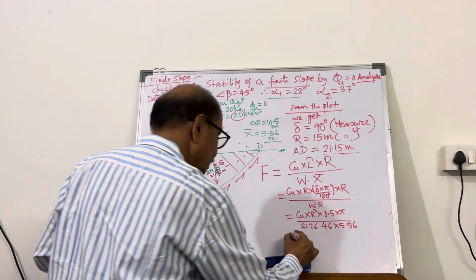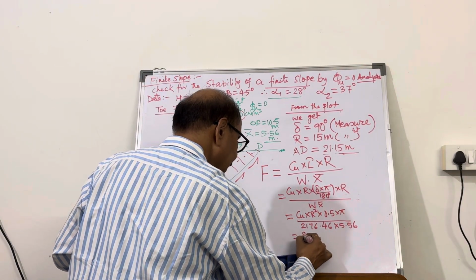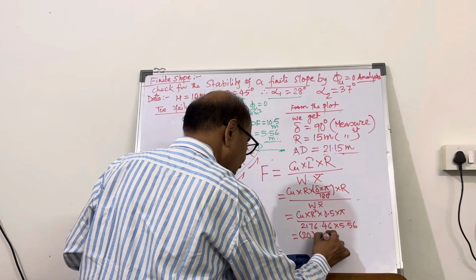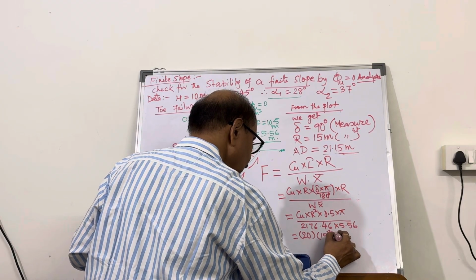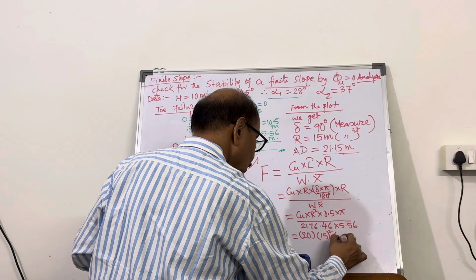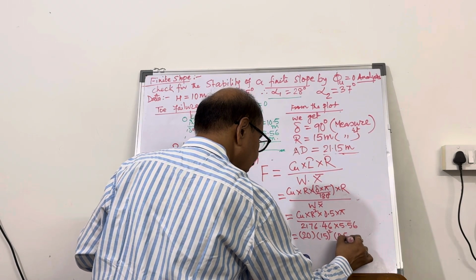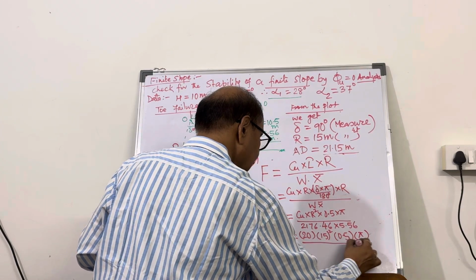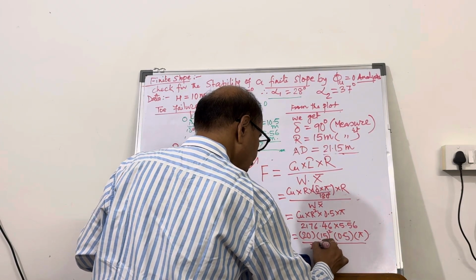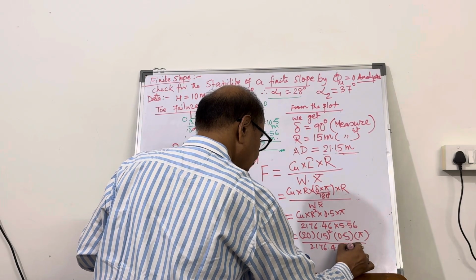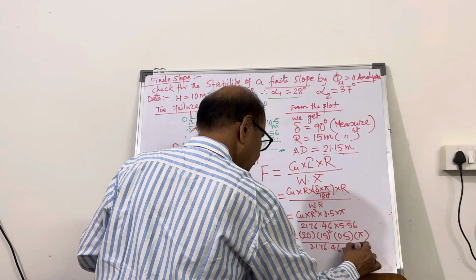So friends, now you will be getting the answer 20 R square into 0.5 into pi divided by 2176.46 into 5.56.